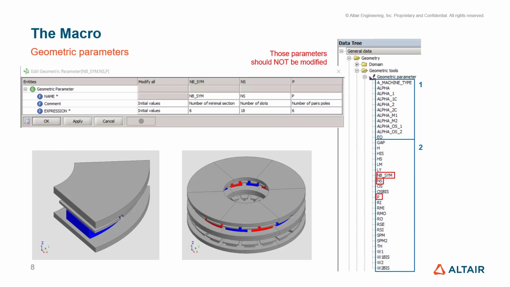In this group, there are 3 parameters in red that should not be modified because they drive the configuration. S is the number of slots, P is the number of pole pairs, and MBSIM is the number of sections that can represent the machine. The others can be modified to improve the shape of the motor. Let's see.